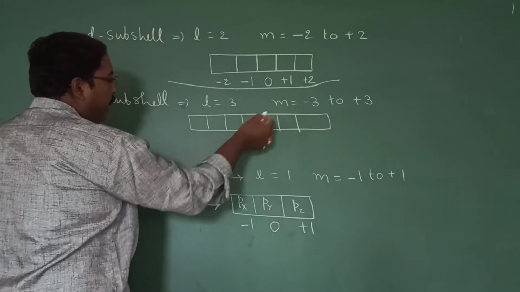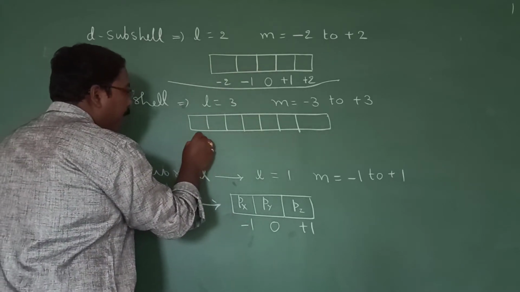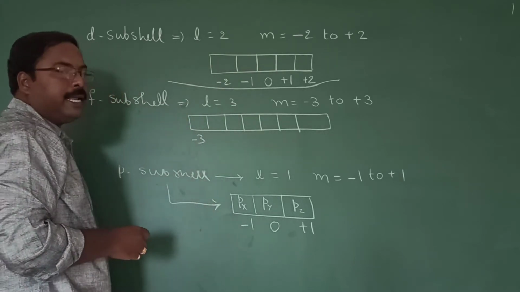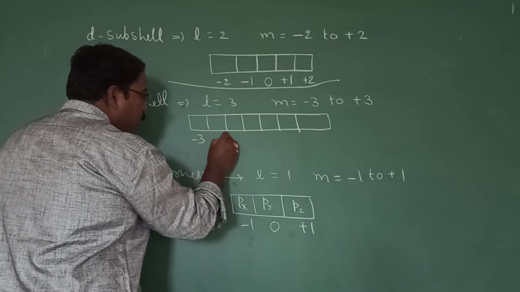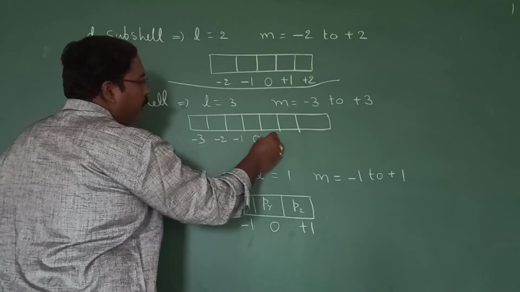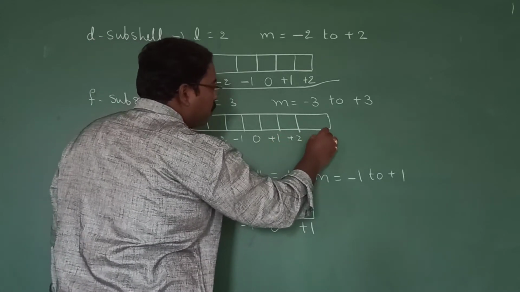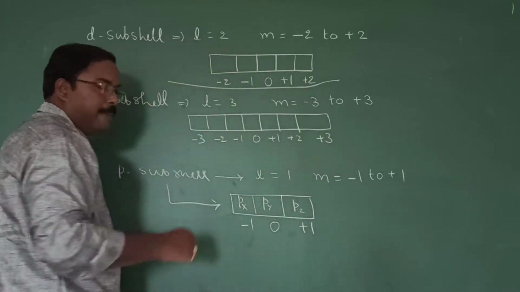After minus 3, the next numbers are minus 2, minus 1, 0, plus 1, plus 2, plus 3.